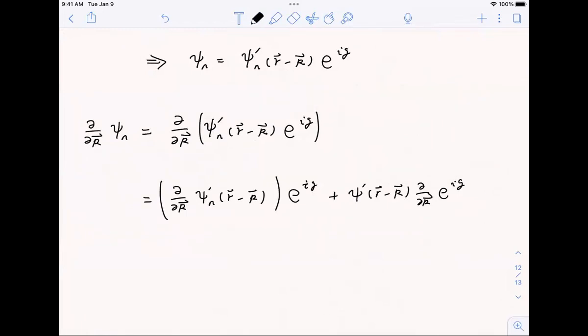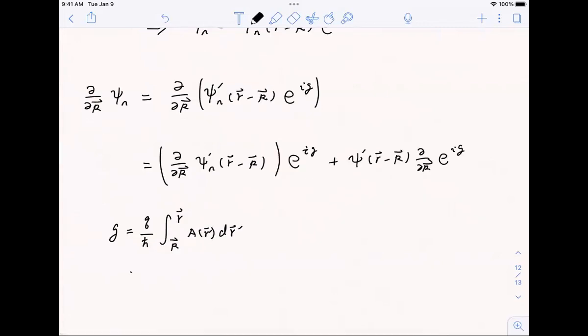We recall that γ equals qR/ħ. So this is an arbitrary point. If you deal with the derivative of γ, you're going to deal with this qR.